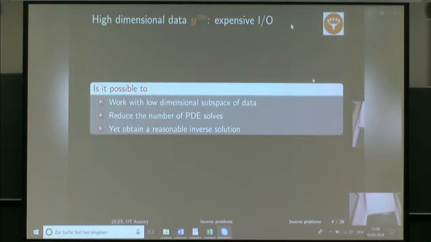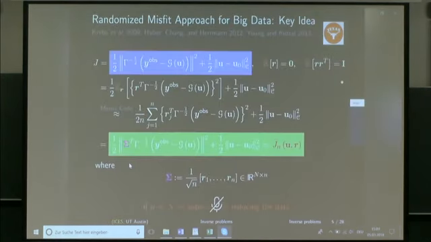The approach we're going to talk about now is the so-called randomization. In the blue box, as you can see, the misfit is the first term. The L2 norm here assumes Gaussian errors with gamma as the covariance. On the right-hand side, the second term is still the regularization.